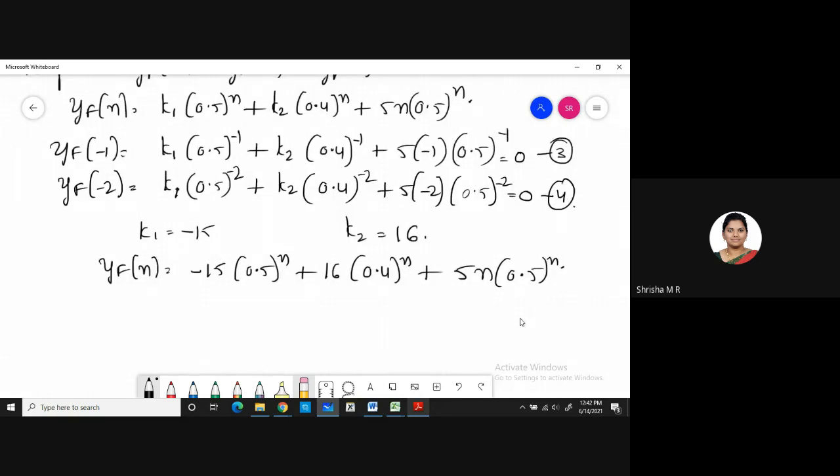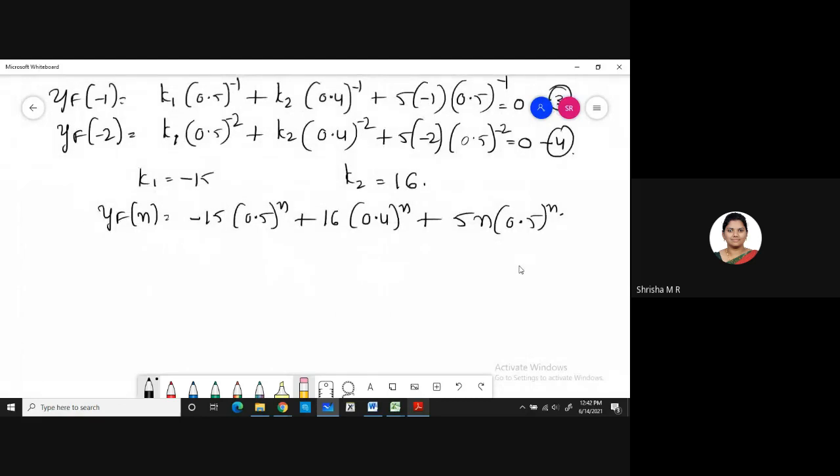Now we'll try to find the total response, which is y of n. It is equal to yn of n plus yf of n. Okay, so what is the natural response which we have got? Previously, we have got 6.5 and 4.8, K1, K2 in natural response.